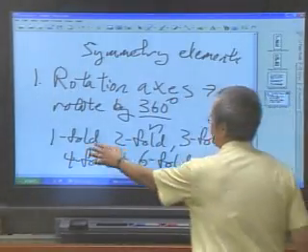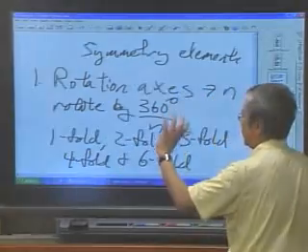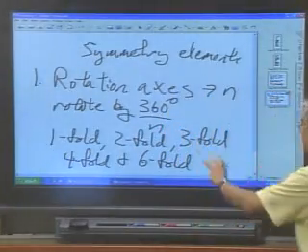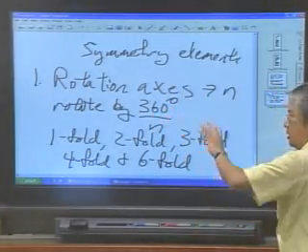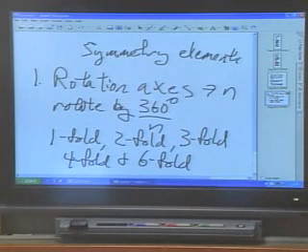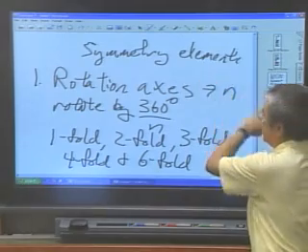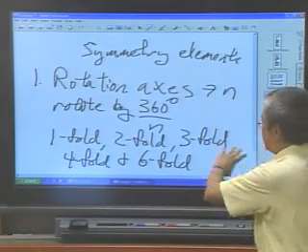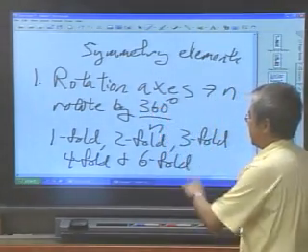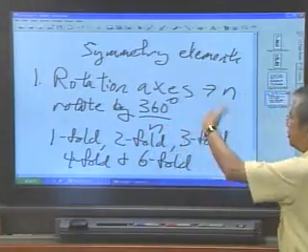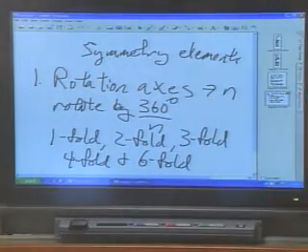The one-fold, in some sense, is really null symmetry. Obviously, if you take any object and you rotate it by 360 divided by 1, that is 360 degrees, it's in the same orientation, so it's obviously going to be the same. What symmetry means, maybe I should define it first, is that if I do this operation, suppose two-fold, if I rotate the object 180 degrees, it's completely unchanged.